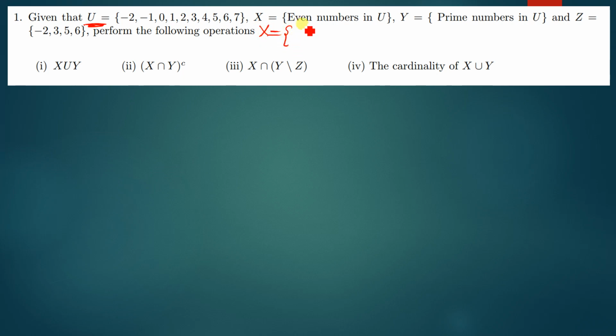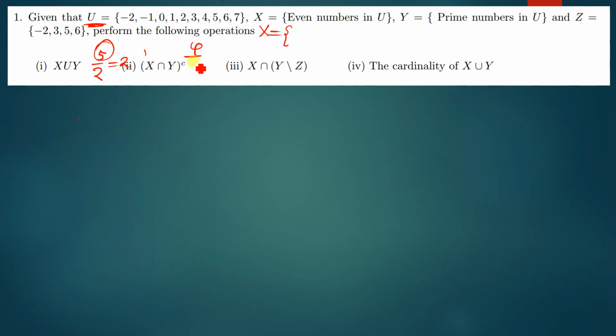So x is a set of even numbers that are in u. So before you can identify the even numbers in this set, you need first to understand and know what even numbers are. So even numbers are simply just numbers where 2 can go in without leaving a remainder. So if we say 5 divided by 2, and then the answer is 2 remainder 1, then note to say 5 is not an even number.